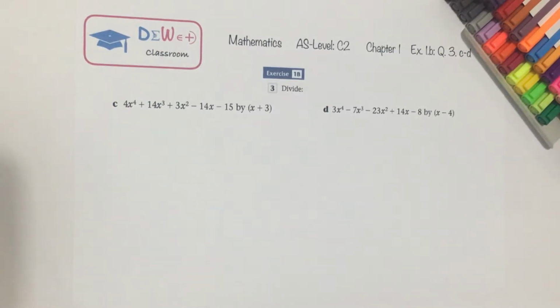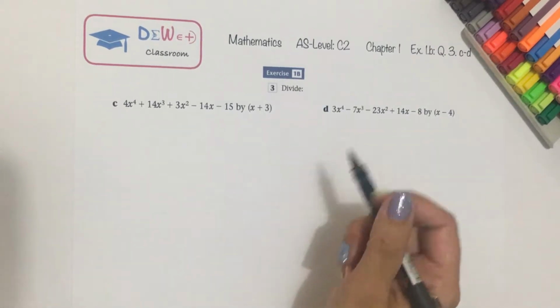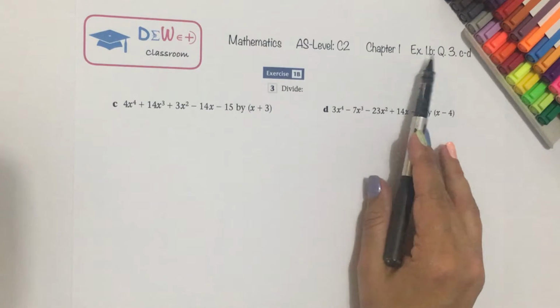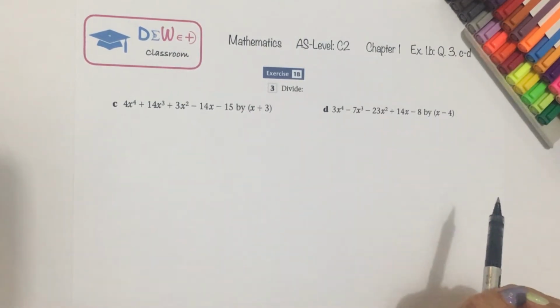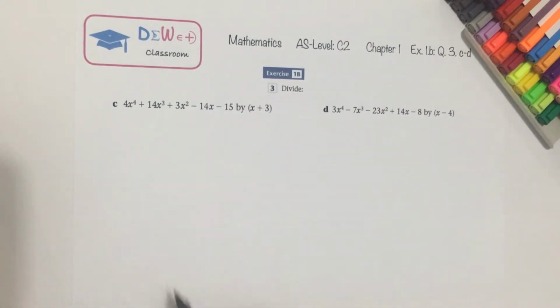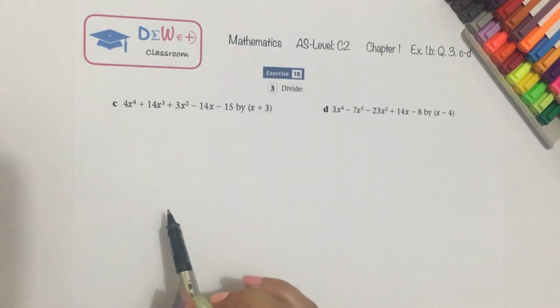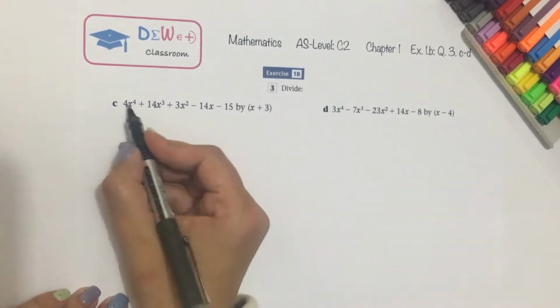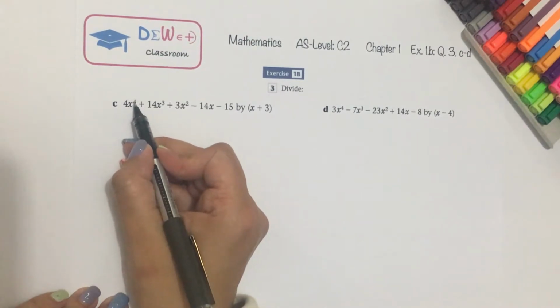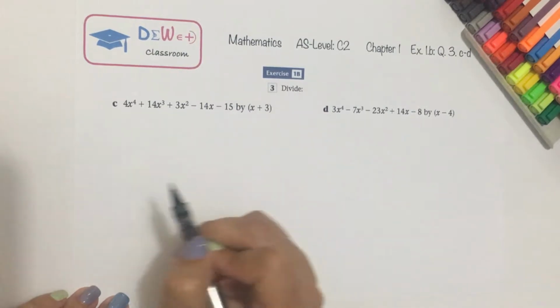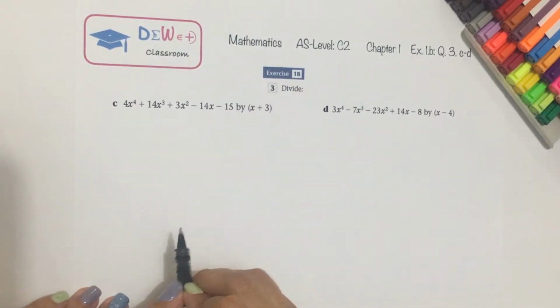In this video we are working from the C1 Core Maths textbook by Pearson, and we're working through Chapter 1, Exercise 1B, Question 3, letters C and D, dividing a polynomial by an expression x plus 3. So first of all we check that the indices go 4, 3, 2, 1 and then the imaginary 0, just to make sure that we don't need to add anything.